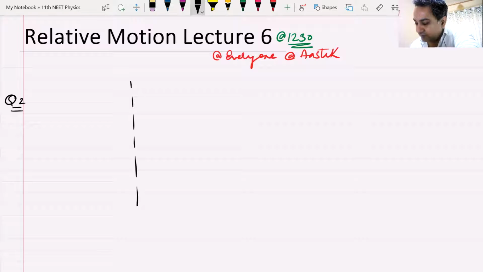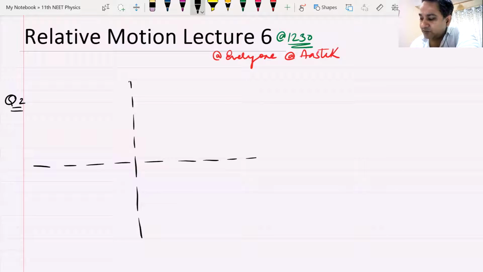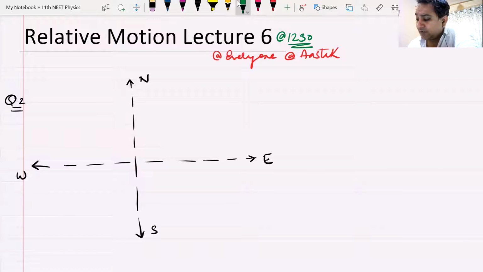As you can see, what I'm drawing here is north, south, east, west. So the question is like this: a car A is moving towards north with a velocity of 3 meter per second.